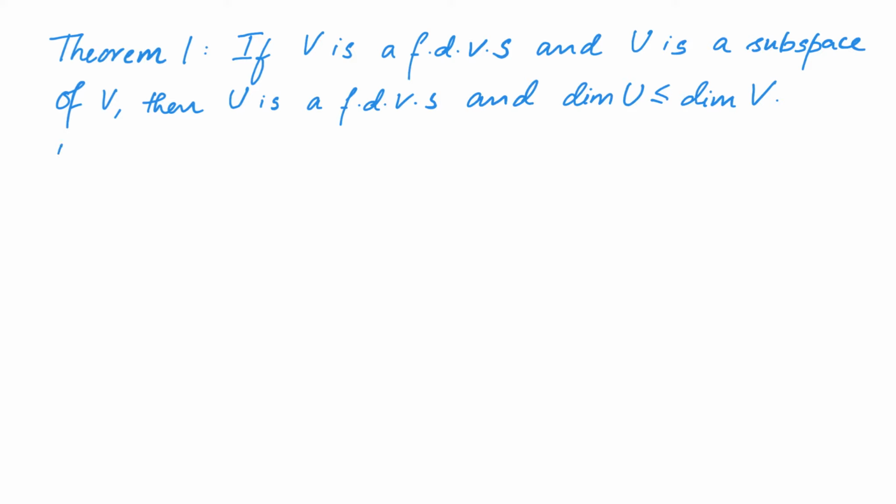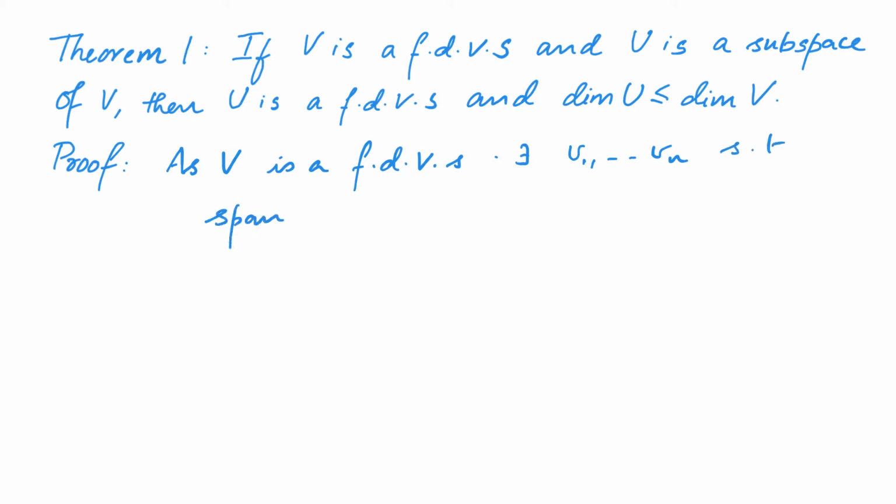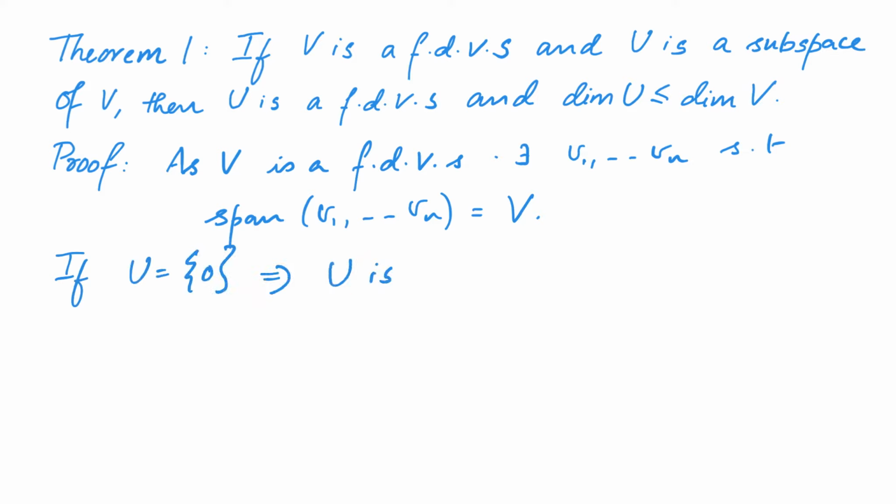First, we have to show that there exists a finite set that spans U. Notice that as V is a finite dimensional vector space, there exist vectors v1, v2, etc. up to vn such that span of v1 to vn is equal to the vector space V. Now, if U is the singleton set {0}, then U is clearly a finite dimensional vector space.